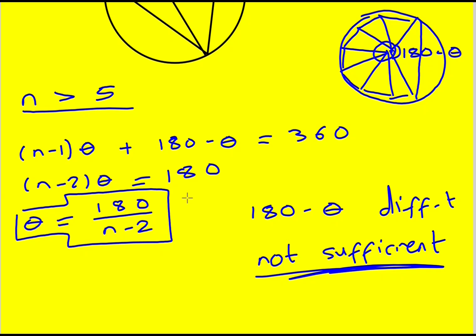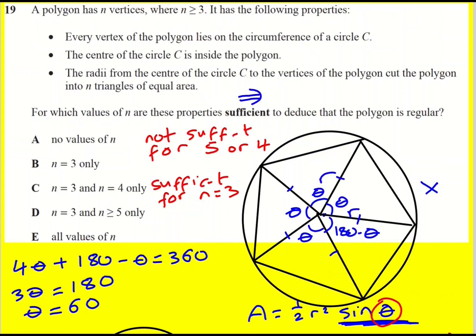We've already dealt with n equals 3, 4, 5, but if n is 6 or whatever, we're going to get a value of theta that's definitely different than 180 minus theta, which means I can construct such a thing for all of these values n greater than 5, which means it's not sufficient for 5 or 4 or n greater than 5.